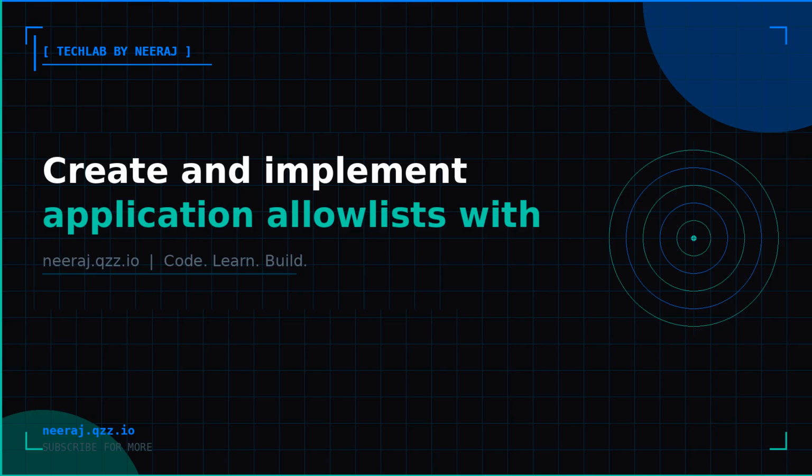Now on to something pivotal, the application allowlists themselves. Once adaptive application control has had its say, we craft allowlists that clearly demarcate the line between the trusted and the rest, a trusty yet exclusive club, if you will. For this, we need to navigate to the Azure portal, got it?